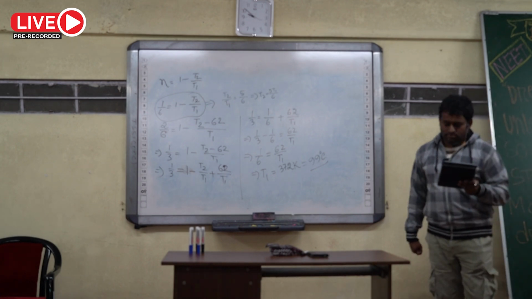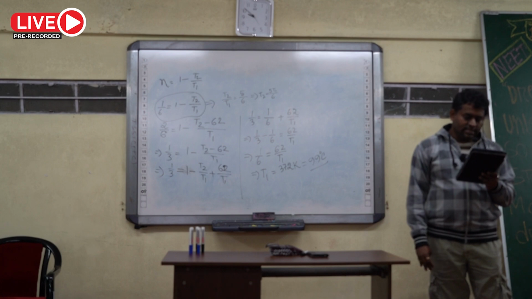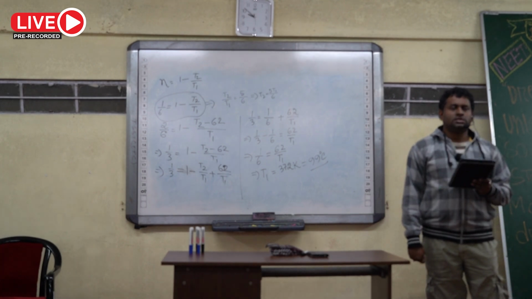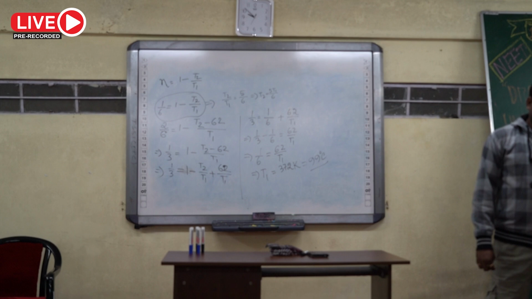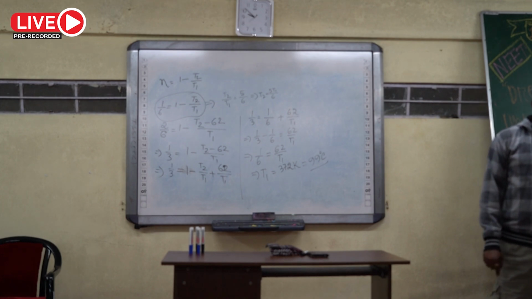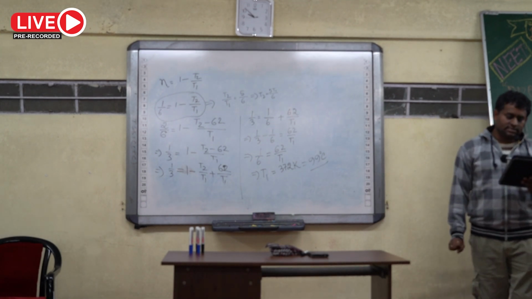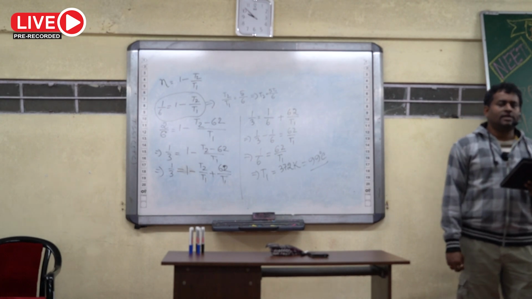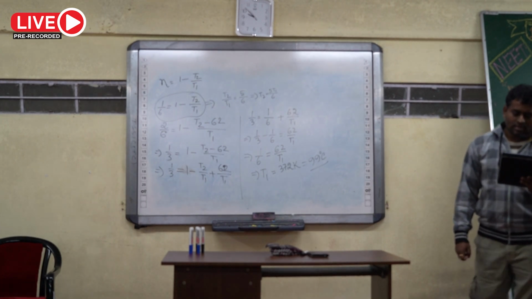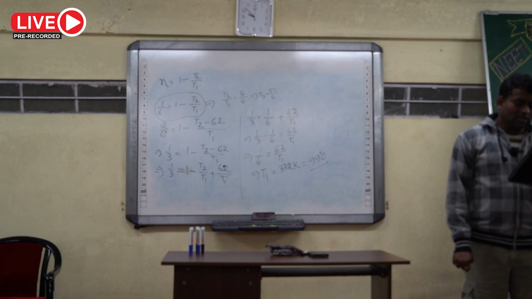Question number 6. A Carnot engine whose sink is at 27 degrees Celsius has an efficiency of 40%.